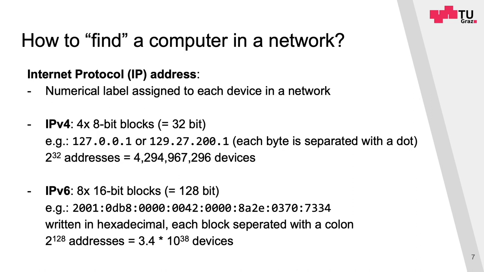So you have hexadecimal letters here. So for example, 2001 colon 0db8 colon 000 colon 0042 and so on. So you see each 16-bit block is separated with a colon, and as already said, it's written in hexadecimal.